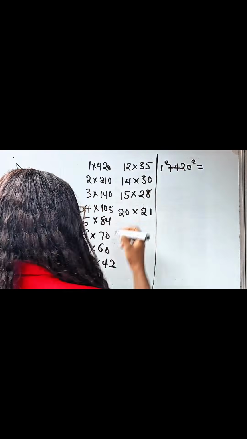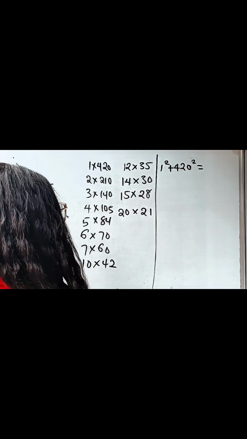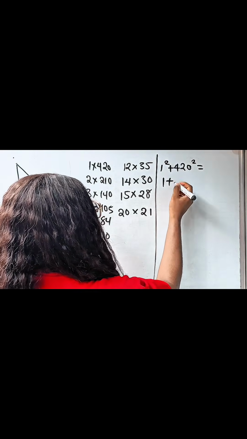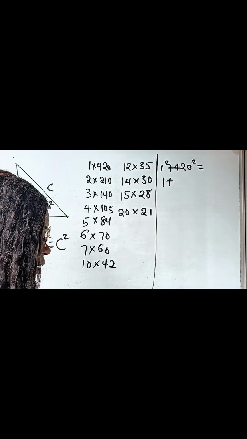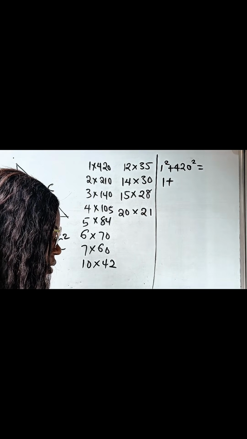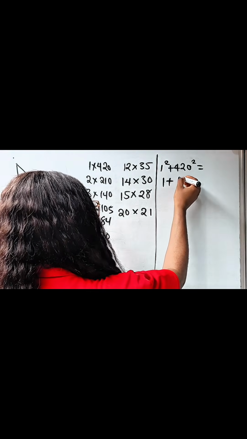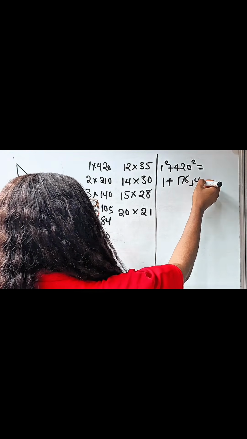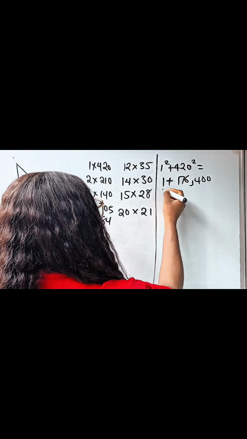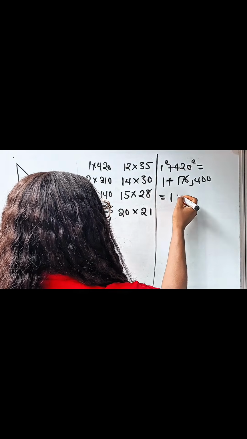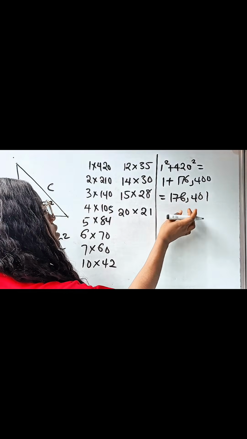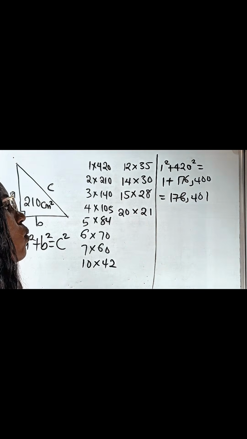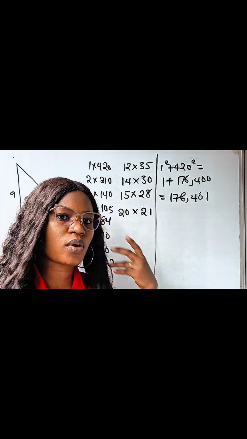Okay, now let us solve that. 1 squared is 1. 420 squared will give us 176,400. So if we add these two, we are going to have 176,401.